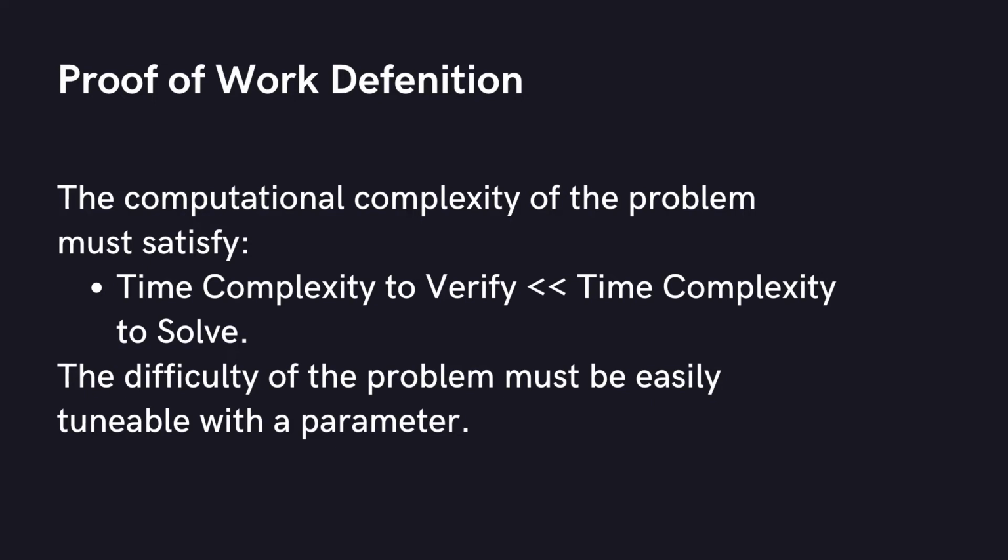Excluding some unique cryptocurrencies like Zcash, this would only impact individual users at once. If a quantum attacker could actually attack proof of work, then they could in fact impact the entire network. For proof of work, the time complexity to verify must be much smaller than the time complexity to solve. The difficulty of the problem must be easily tunable with a parameter as well. This is to keep the block time relatively constant.